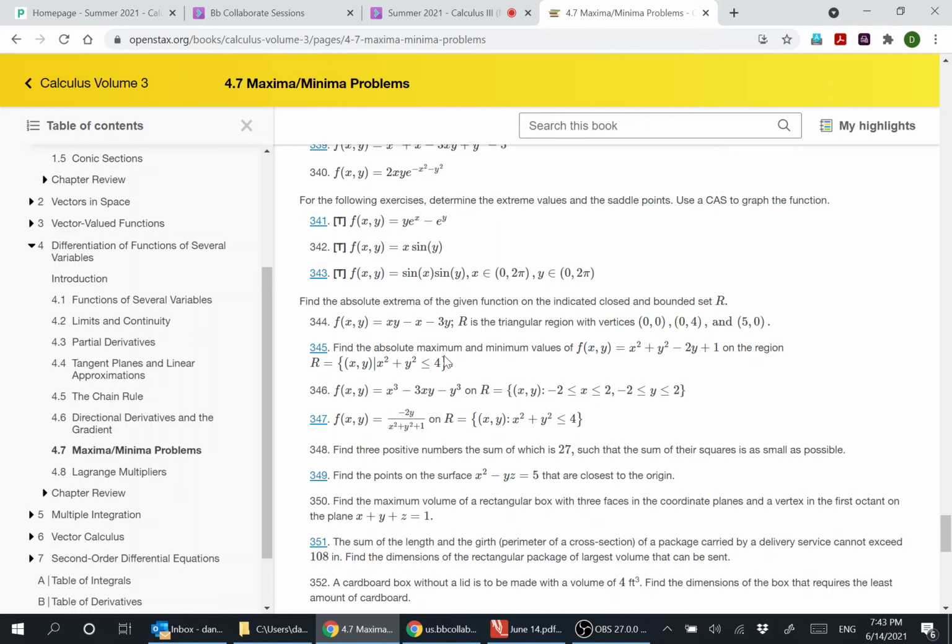So for 344, we have f(x,y) is xy minus x minus 3y.